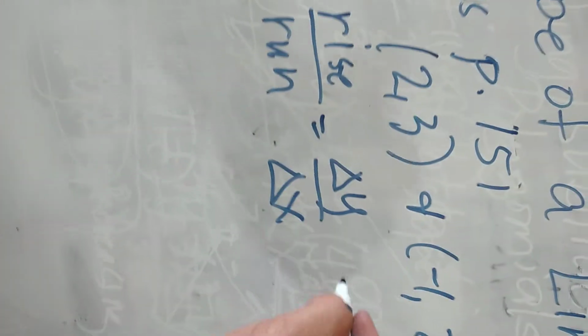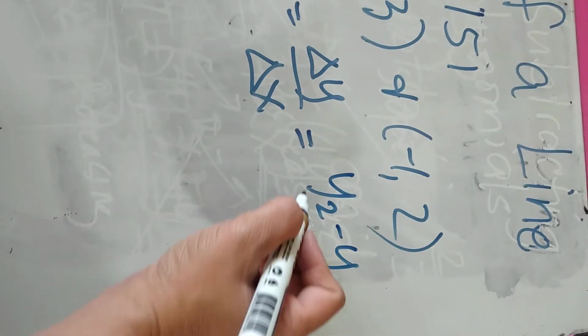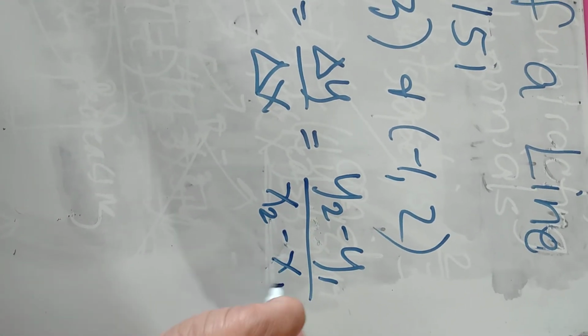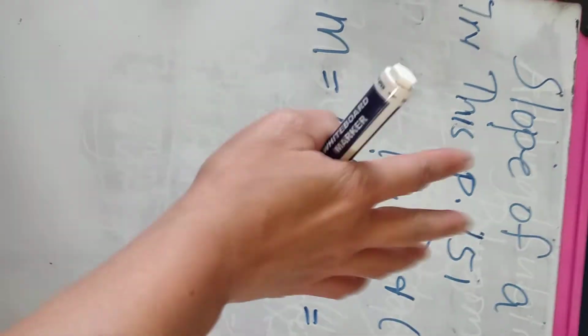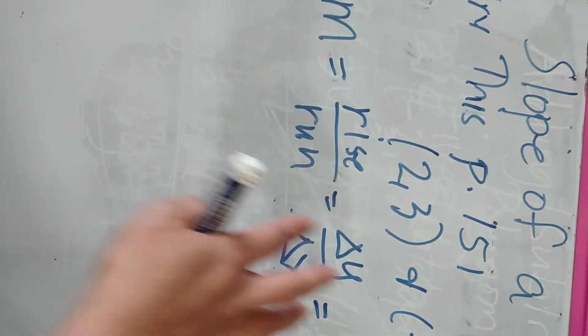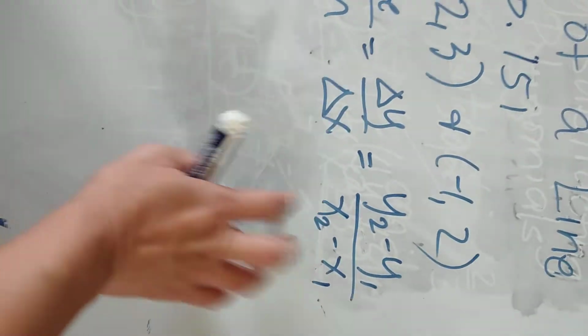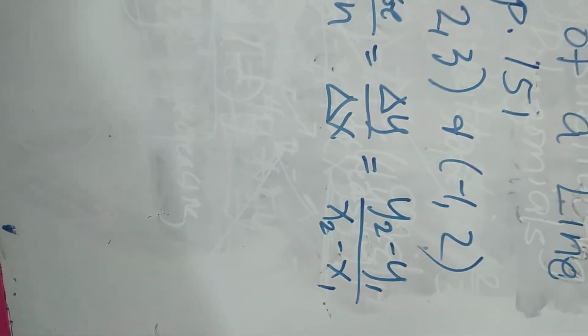And this change in y has a formula, y sub 2 minus y sub 1, over the change in x, x sub 2 minus x sub 1. So remember that your slope is the steepness of your line, the rise over run, or in thorough formula, y sub 2 minus y sub 1 over x sub 2 minus x sub 1.